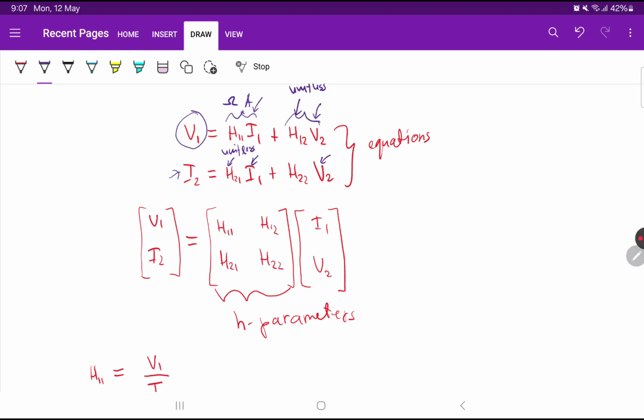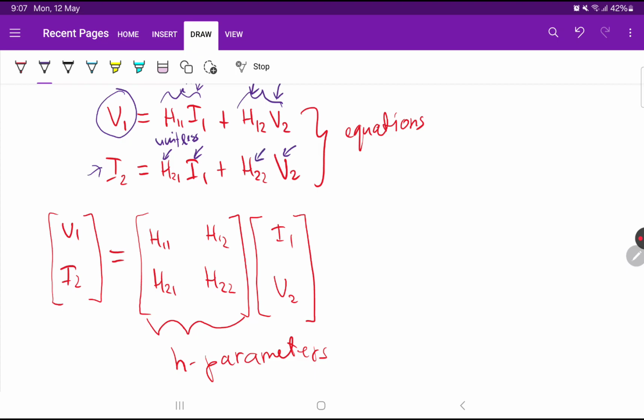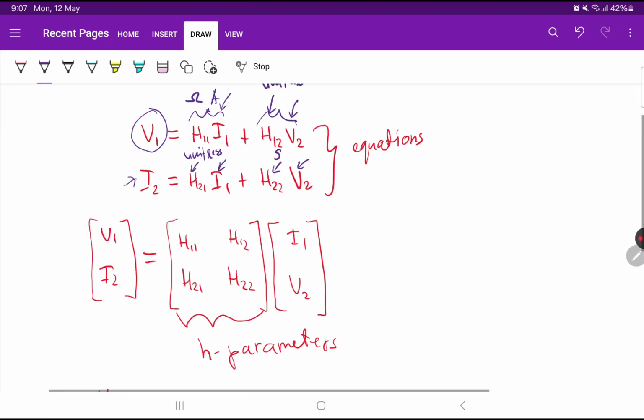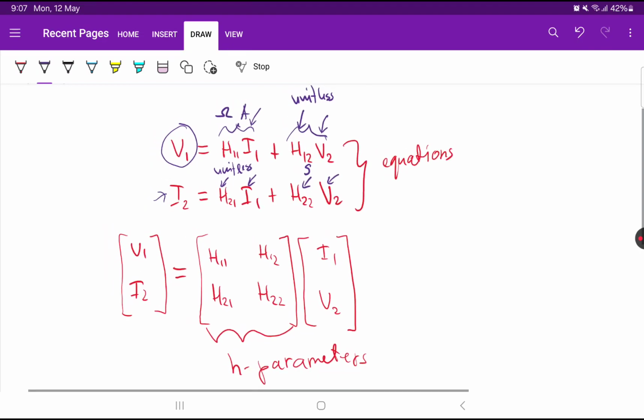In order to make that an ampere, the unit for current, I need to divide it by ohms, because by Ohm's law, I is equal to V over R or V over Z. But here, I'm not dividing, I'm multiplying by H. So the inverse of impedance is admittance. The unit of this one must be Siemens, because Siemens is 1 over ohm. So if I multiply that by volt, volt divided by ohm is still the current ampere. So it makes sense in the equation.